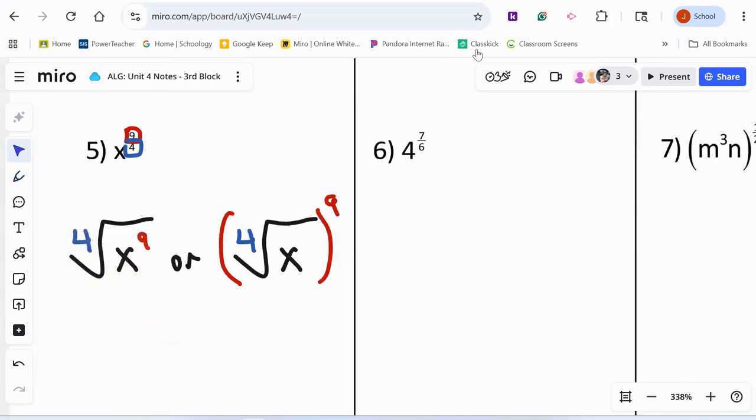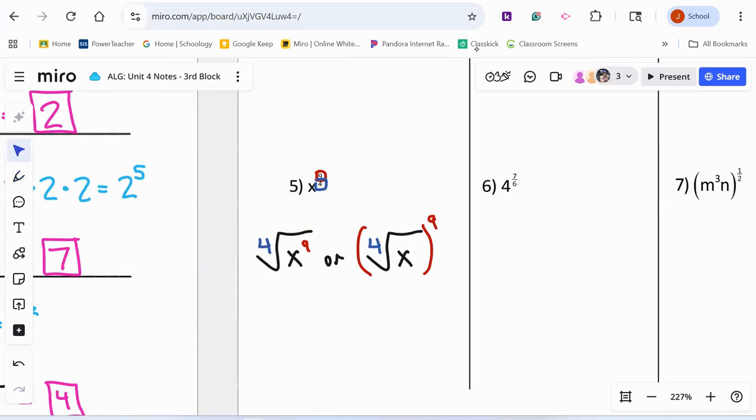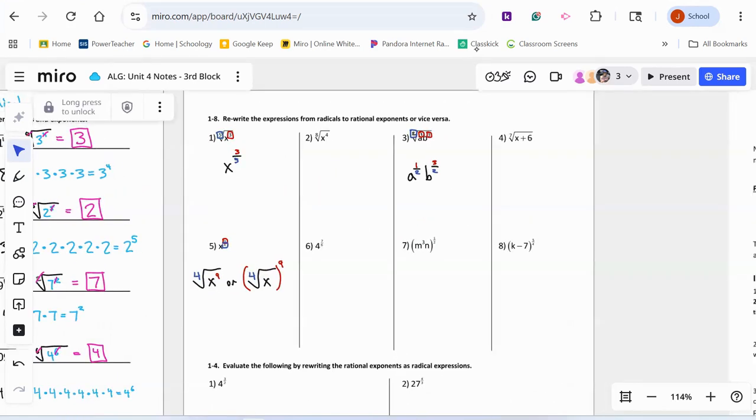Both of these would be a correct outcome of that fractional exponent there. Again, the only difference between the two is sometimes, based on what you're going to use the radical for, writing it inside makes things easier versus outside. But literally, guys, that's all it is. That's what we're doing there in rewriting those.